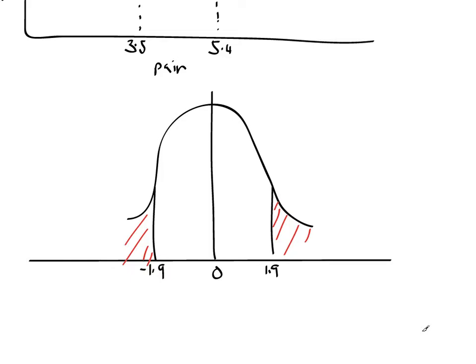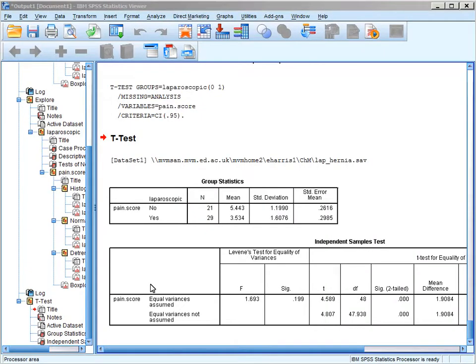We've shown that the probability of having a difference between our two samples of 1.9 or minus 1.9 is effectively 0. So that allows us to very confidently reject the null hypothesis, which is that there is no difference between the groups. I hope that makes sense. I hope you understand that.